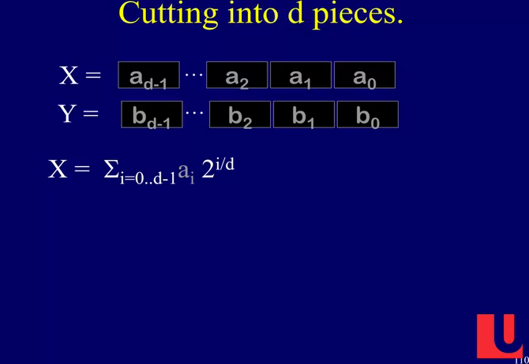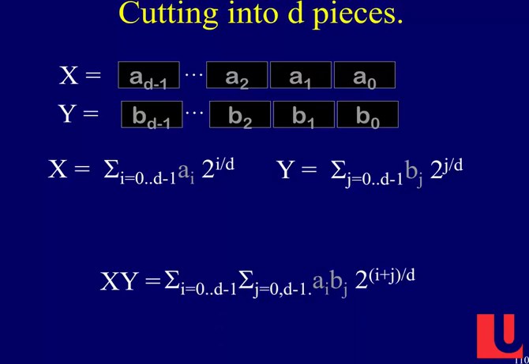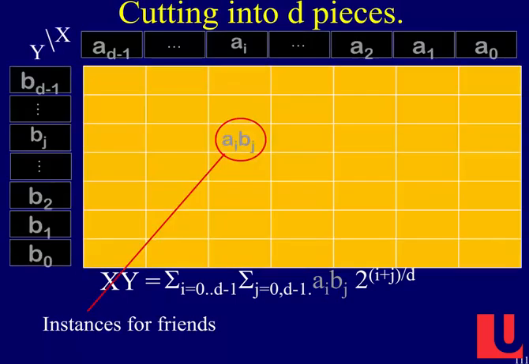It's just like we think about these as being our characters, base 2 to the 1 over d or something, and our y. And then when we multiply, we have all these terms. So how many friends do we have? For every one of these and every one of these, we have to have a friend.